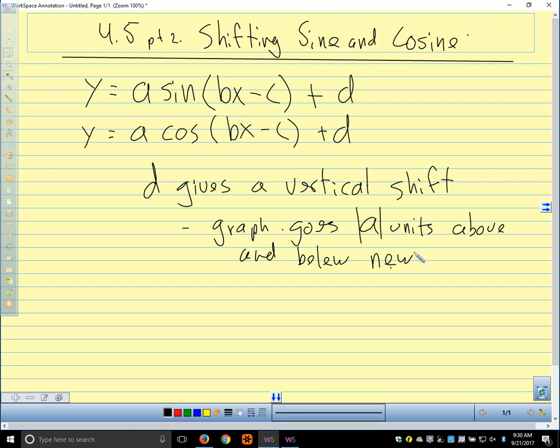That's why yesterday I said the amplitude tells us how far above or below the axis we go. So if we don't have a vertical shift, it's the x-axis. But if we have a vertical shift, we get a new axis, which is the line y equals d. So we shift from the x-axis up to y equals d or down to y equals d, and that's going to be our new axis. And the amplitude tells us how far above or below that new axis we go.